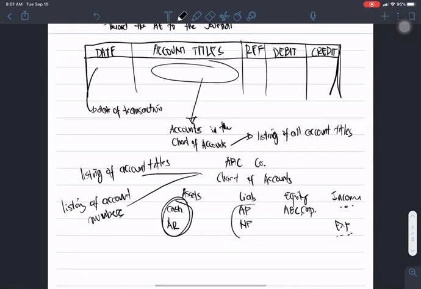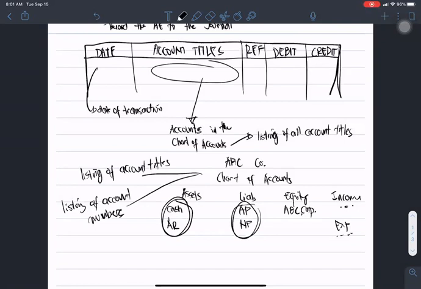These items are account titles. Cash, accounts receivable, accounts payable, notes payable, capital, income, or expenses. So those are account titles. And what is your listing of account numbers? Your listing of account numbers, normally in the chart of accounts, before the account title, we have a number.